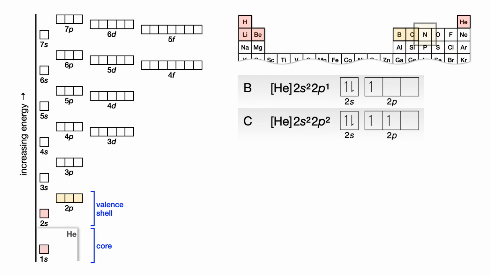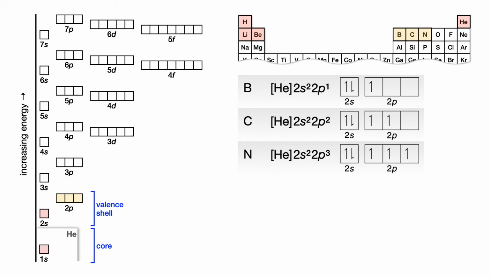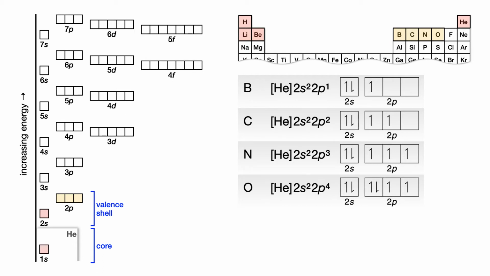And then moving along to nitrogen, nitrogen adds one more electron. That's going to go into the 2p sublevel, and it will go into the third of those p orbitals with its spin in the same direction as the first two. And then moving along to oxygen, oxygen will add one more electron in the p sublevel, and this electron has no choice but to pair up in one of those p orbitals, and so it does so. This is what the valence shell of oxygen looks like.